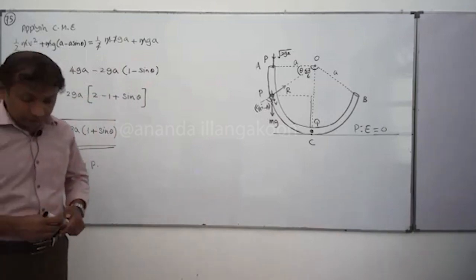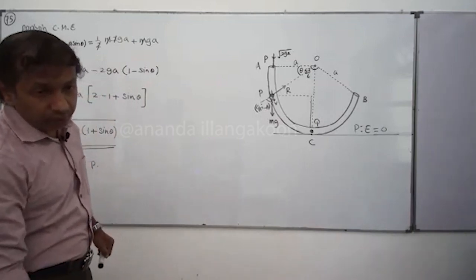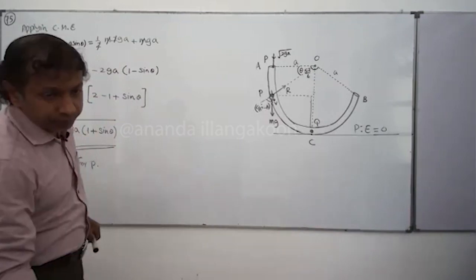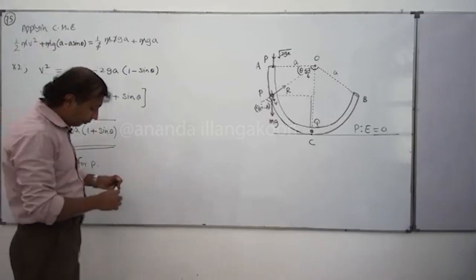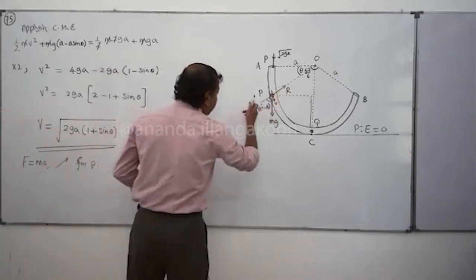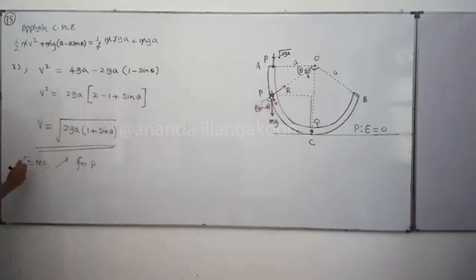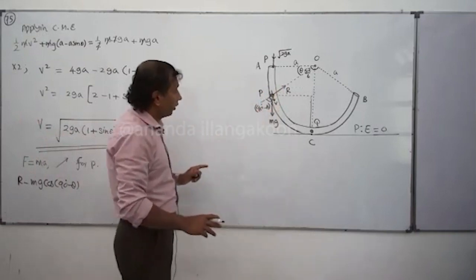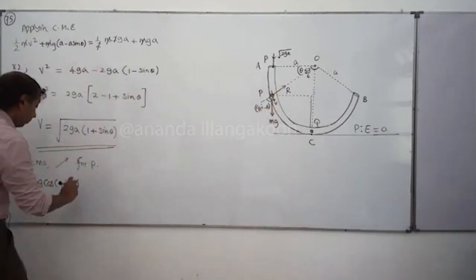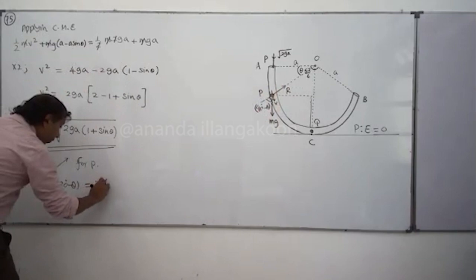In this direction, R minus mg cos(90 minus theta) equals mv squared upon a.